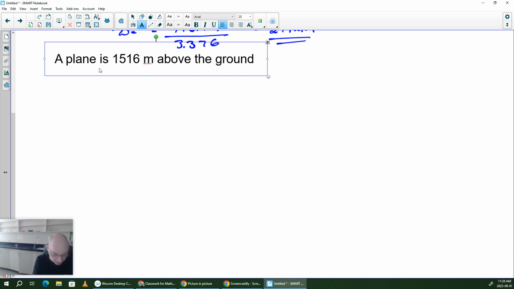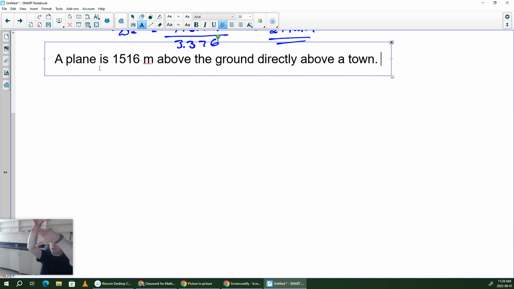Directly above a town. Okay, so the plane is hovering just kind of right above a town.